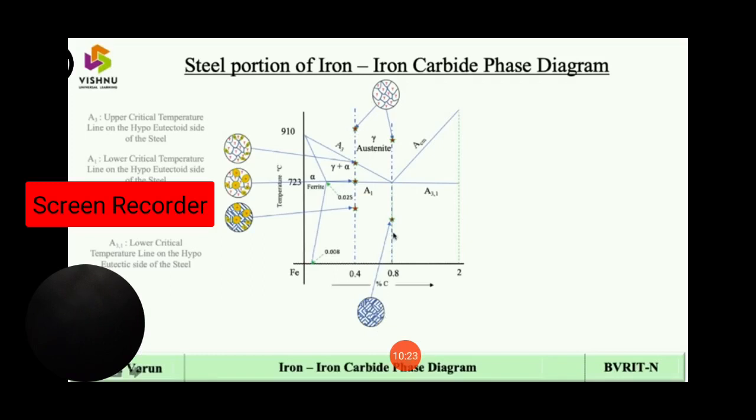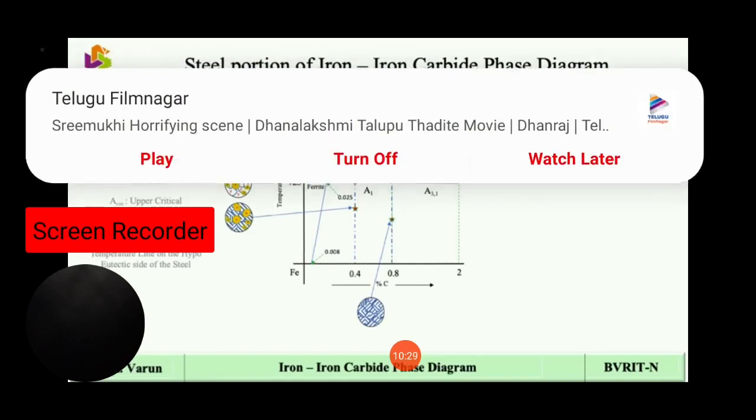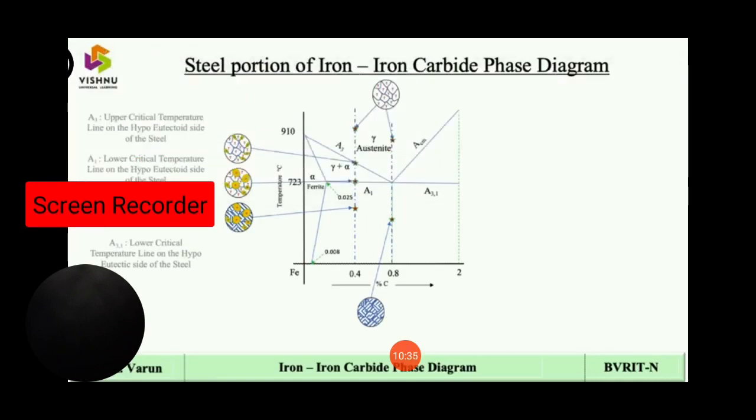The main process behind this transformation of austenite to pearlite is diffusion. The carbon which is coming out from the austenite will first initially form a plate-like structure which is rich in carbon, so it will form cementite, Fe3C.